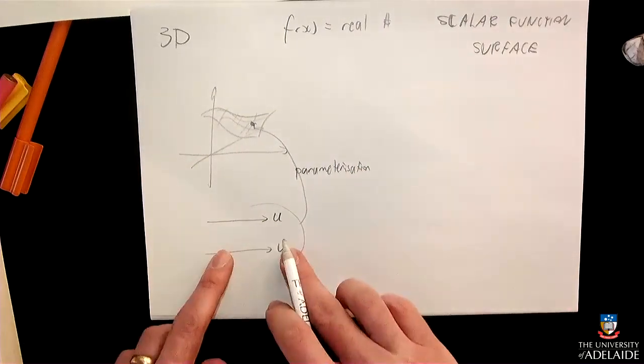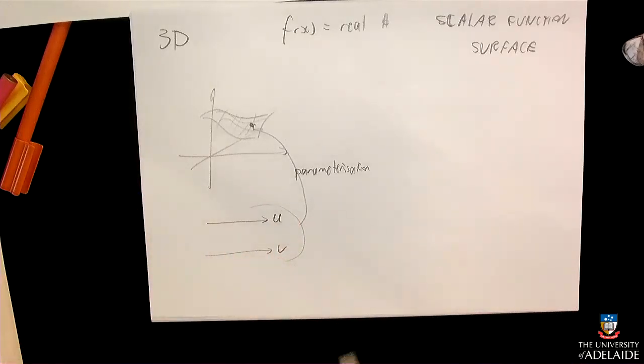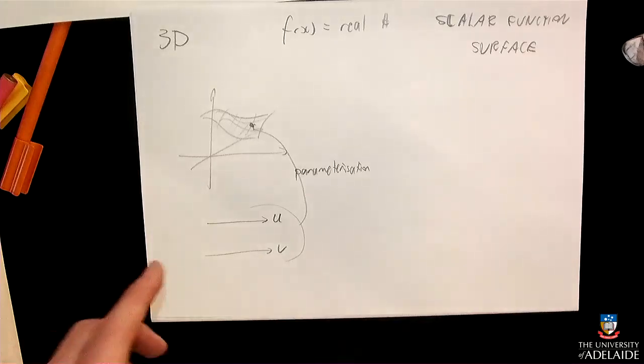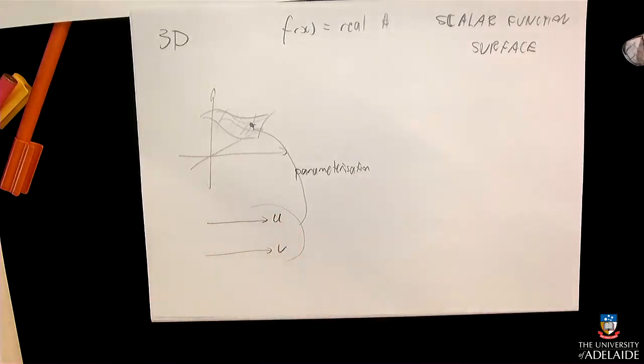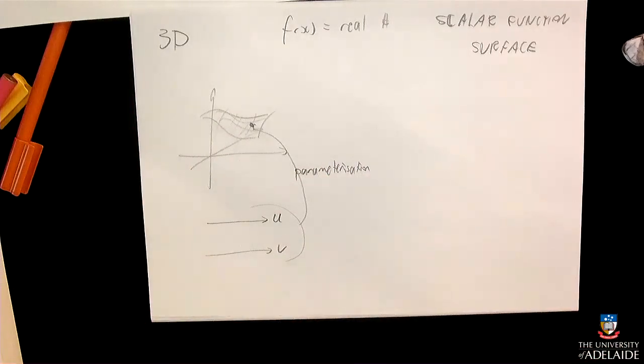Usually you'll see these interpreted as x and y coordinates, which is fine. It's just easier for me to think of them as two separate things. So I can choose to do that in many different ways. I can, if I want to, choose my u and v to be the space coordinates x, y, and z if I want. But I don't have to.